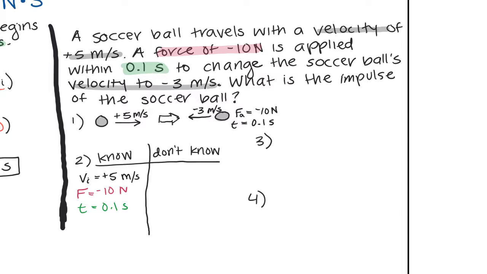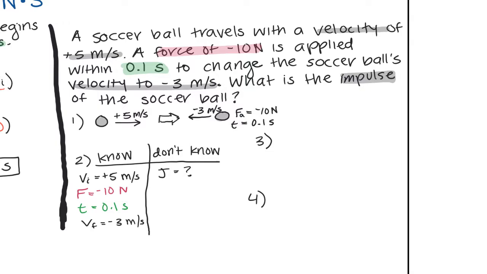So its final velocity is going to be negative 3 meters per second. Again, we are solving for the impulse of the soccer ball. So we don't know capital J for impulse.